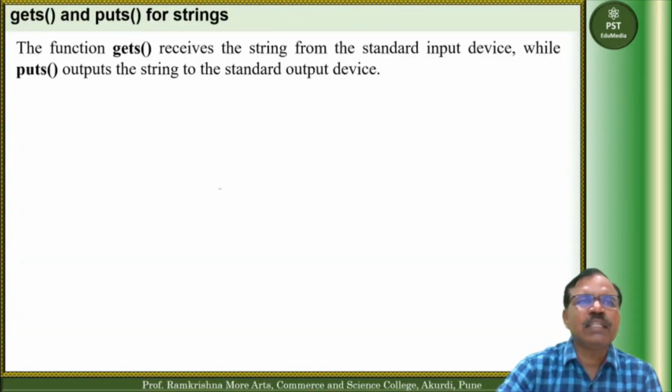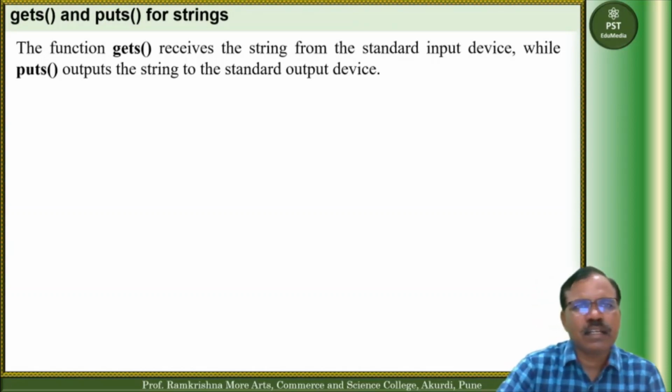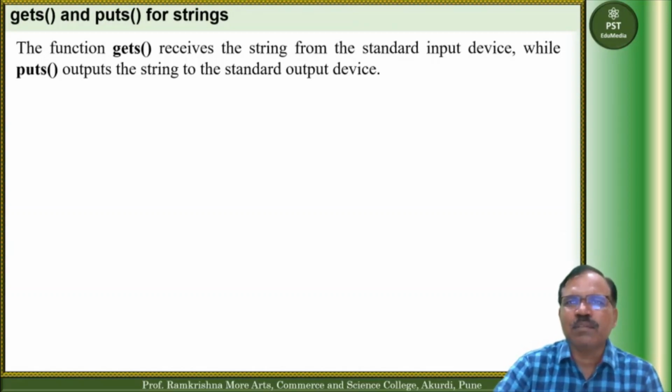Now the next functions: the input function, that is the getS function for strings, and the output function, that is the putS function for strings. The function getS receives the string from the standard input device, while putS outputs the string to the standard output device.